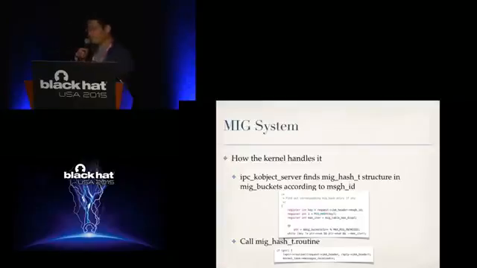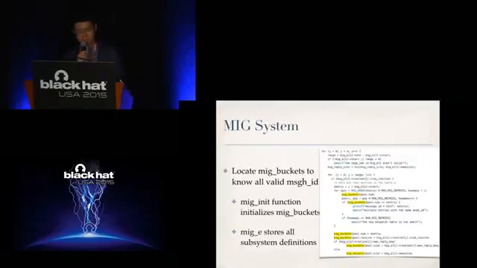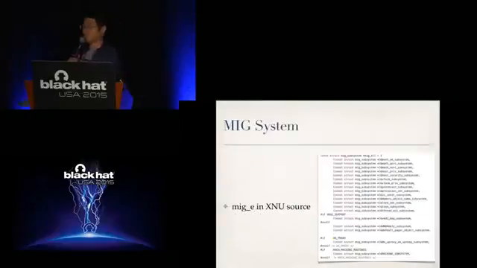So if you want to know all the functions, you need to locate the MIG buckets. If you look in the XNU source, you will see that this data is initialized in the mig_init function, which just reads all the data from the mig_e variable and stores it into these MIG buckets. So take a look at mig_e.